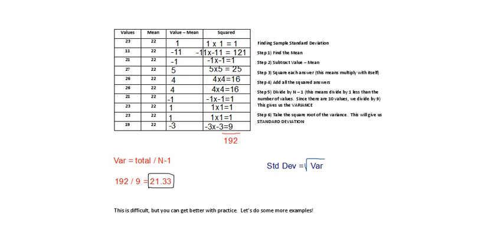So what I'd like to do is the square root of 21.33. And that is equal to 4.62. And that is the standard deviation, 4.62.